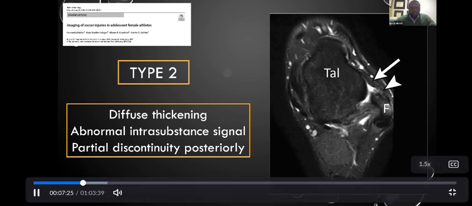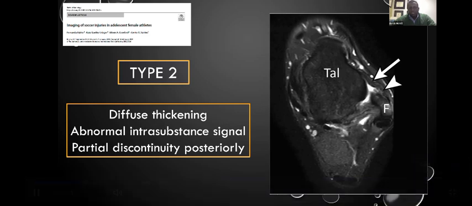And so you can see that with the arrow there, the arrow shows some of the abnormal signal and thickening, but posterior, and then the arrowhead shows the partial discontinuity.